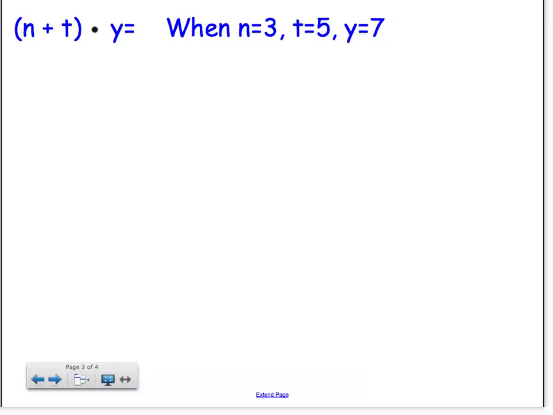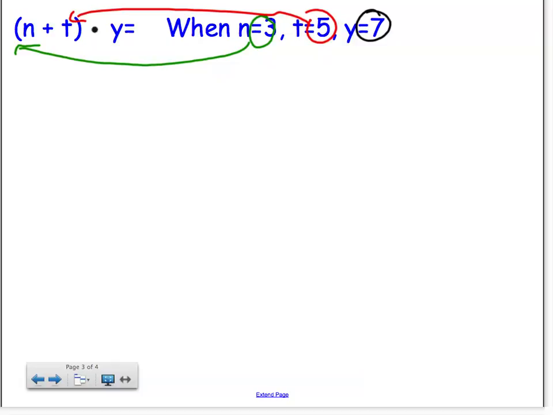When we do one like this, whenever we see an n, we're going to plug in a 3. Whenever we see a t, we're going to plug in a 5. And whenever we see a y, we're going to plug in a 7.